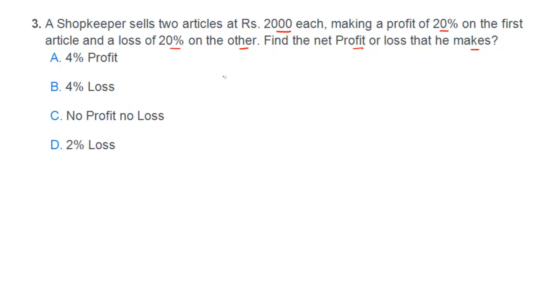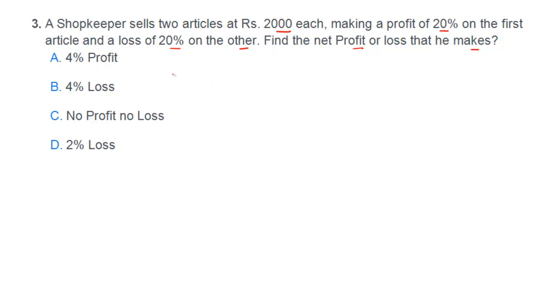Otherwise you can also calculate the conventional way: the two articles are sold at the same price, 2000. With the help of that you can calculate the cost price for both the articles, then add both the cost prices, and then you have the selling price of both the articles, and accordingly you can calculate the overall profit or loss. But that will be time consuming, right?